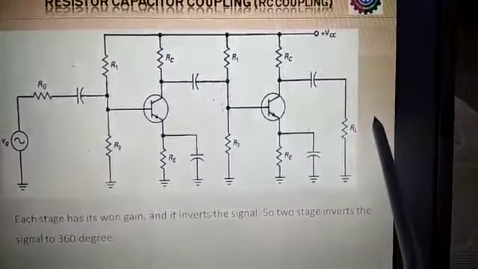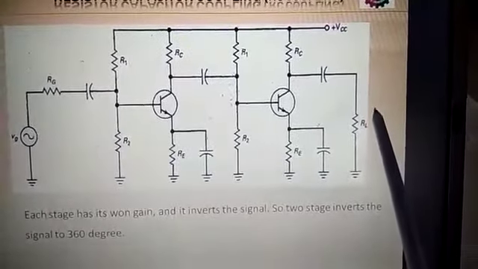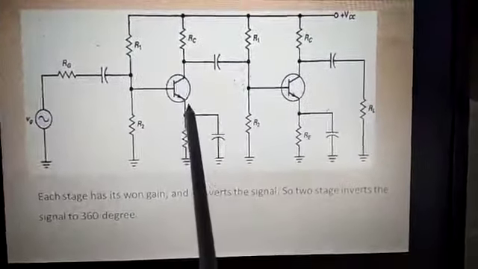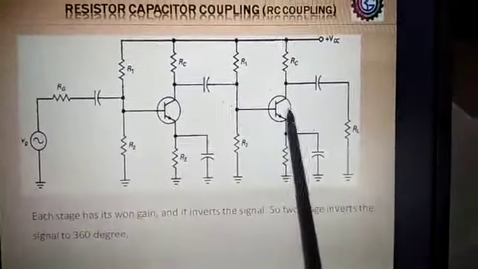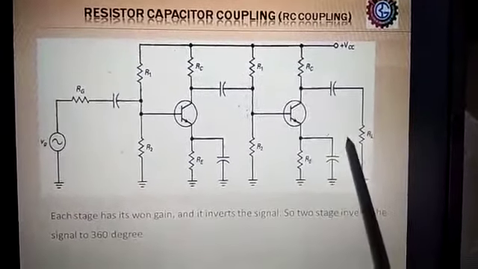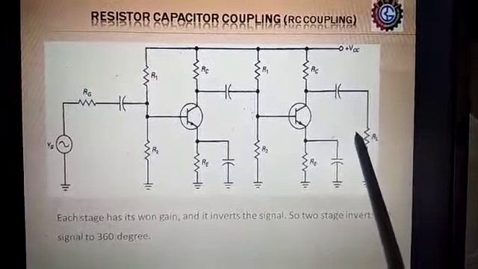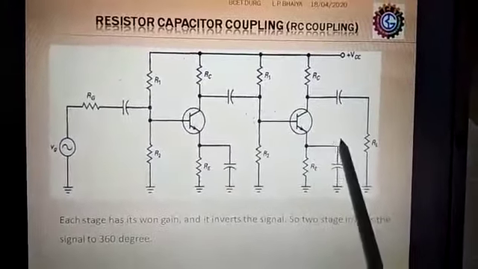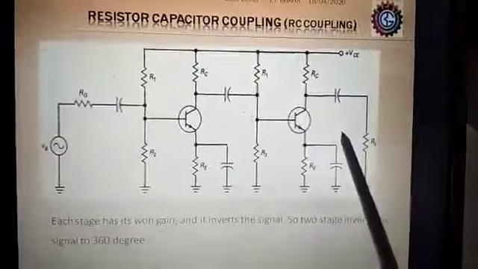So the two stages invert the signal by 360 degrees: 180 degrees by this transistor and 180 degrees by this transistor. So the signal will be as it is at the output, in amplified version. That means there is a 360 degree phase shift.